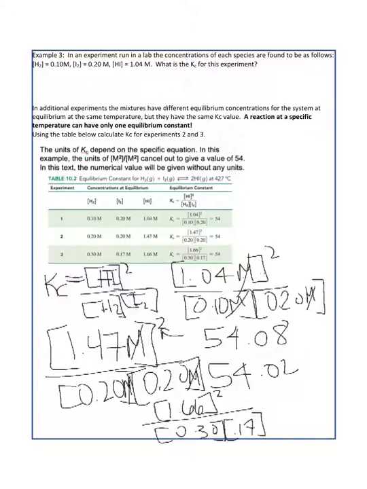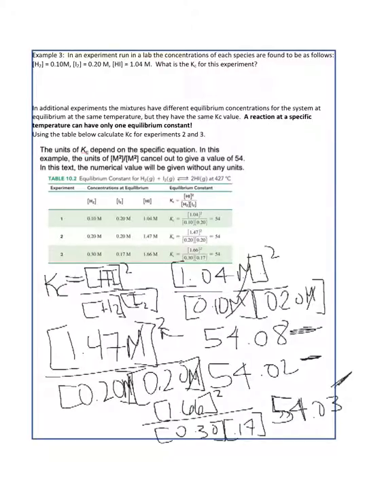So 1.66 squared divided by 0.30 times 0.17 in parentheses, and I get 54.03. So you can see, now this is experimental data, so of course that's not perfect, but you can see that the Kc value does not change, right? We got 54.08, 54.02, and 54.03. Using correct sig figs, we would round all of those to 54.